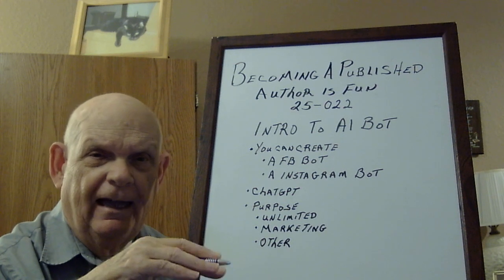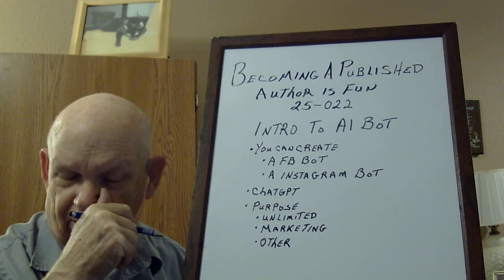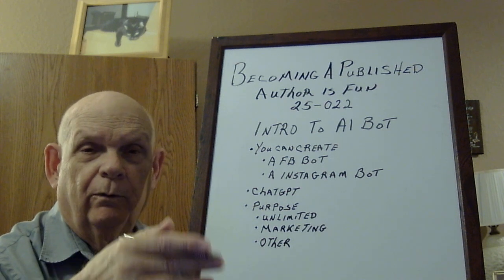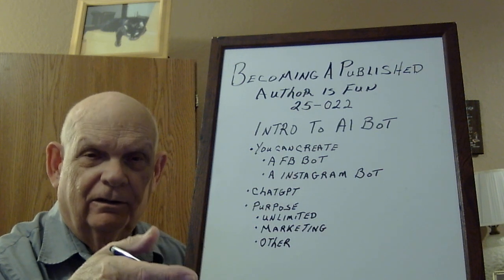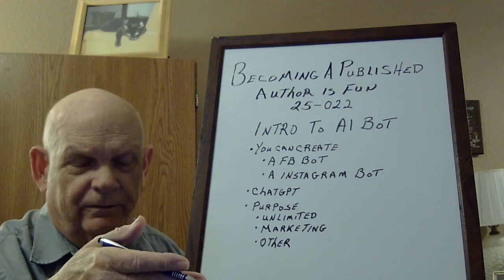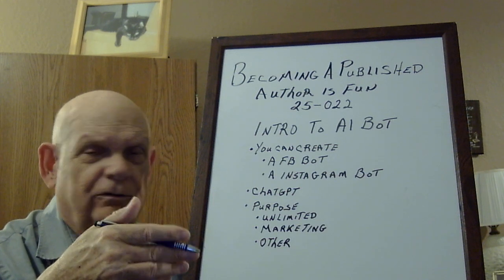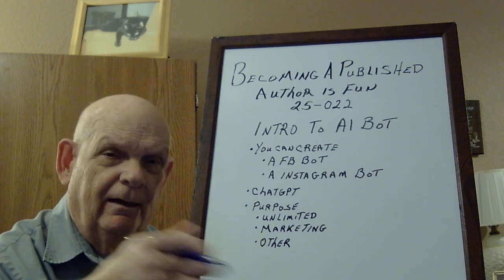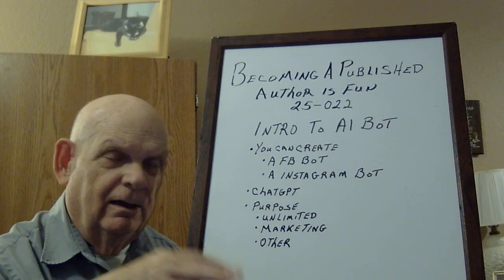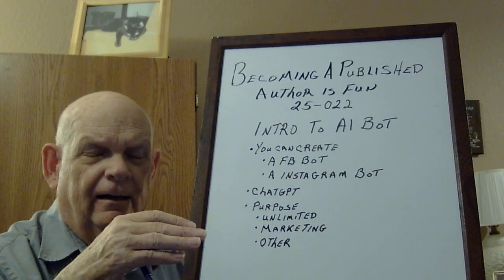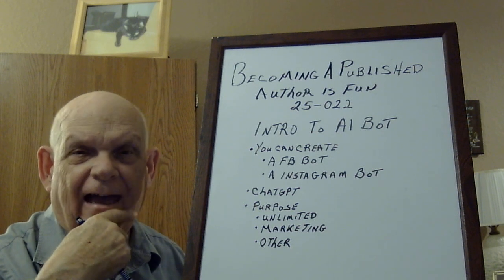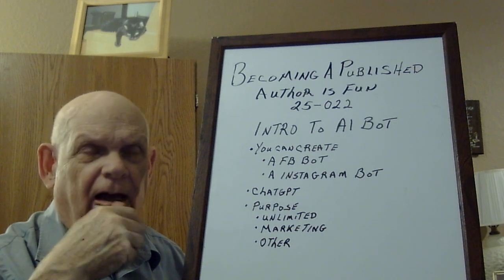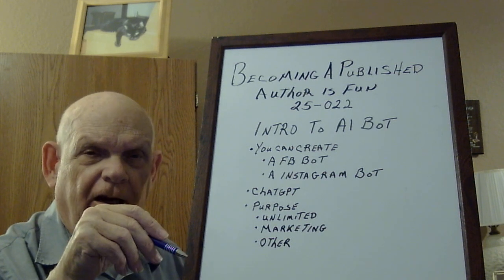But using AI to assist you, even there you've got to be careful. One of the questions that is asked by publishers is, did you use AI assistance? And if you say yes, then they may have restrictions on you. So if you use AI as an assistant, I would recommend that you be very careful.